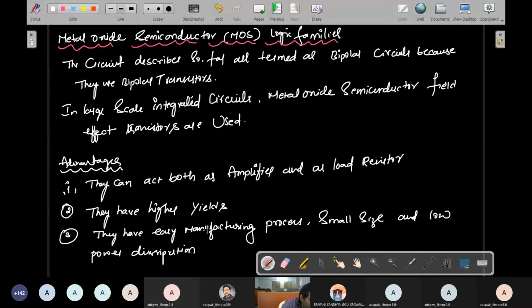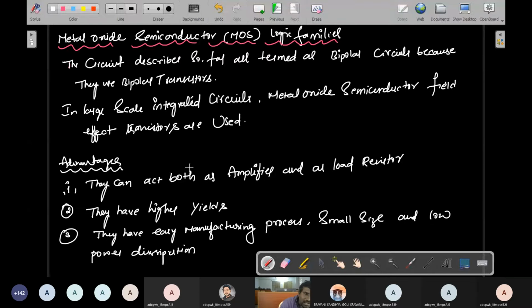That is called enhancement type. Enhancement means they create a channel, so that electrons can flow from the n-type material, that is, from source to drain.